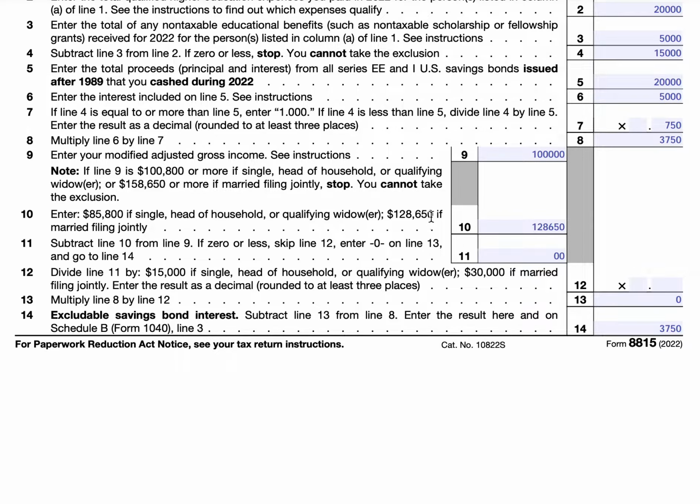Then you'll enter these phase-out numbers, $128,650 for our hero taxpayer. And so if the MAGI was in excess of this, then we would have to basically phase it. It's called a phased out exclusion, where you might be able to take a partial exclusion. You would have to calculate based on how much, right?